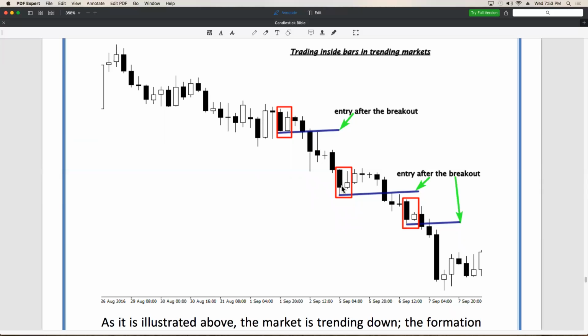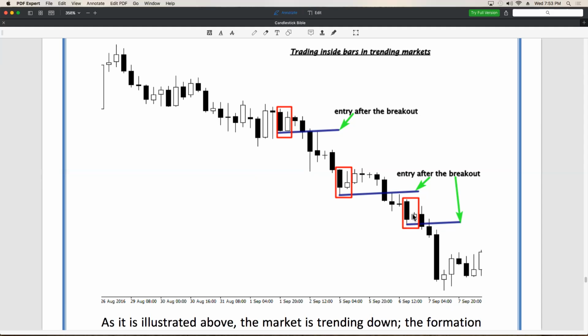This is the mother, and this is the inside. And I call it doji, but it's white. So it's going up. But you see that wick pushing down, so the entry point will be under the mother. So all the entry points are under the mother, at the bottom of the mother. Once you see that, what I call the inside, no, I call it the doji, but it's the inside candle.